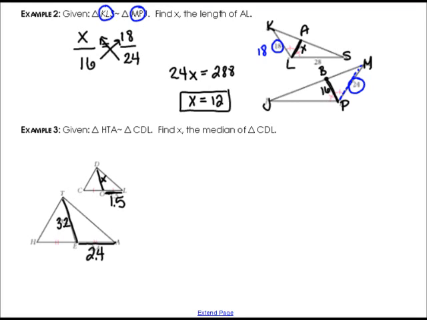So let's do our proportion. We can go from triangle HTA to triangle CDL, and I'm going in that direction because of how the similarity statement is.